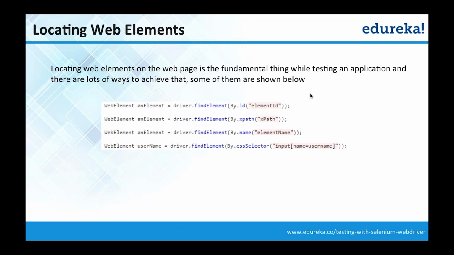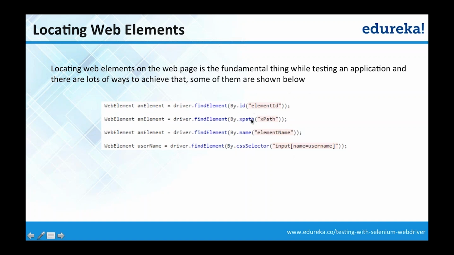So when we compare a person with a web part, it comes as a web element. When I say you need to go to some specific web element, that means you need to give some unique ID or a unique address.